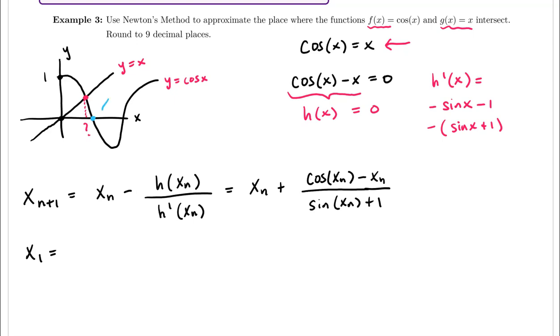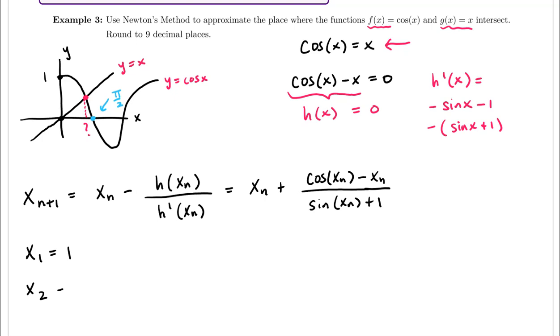Cosine is equal to 0 at pi over 2. And pi over 2 is approximately 3.14 divided by 2, so I think starting off with x equals 1 would be a good starting place, since our solution is going to hover near x equals 1.